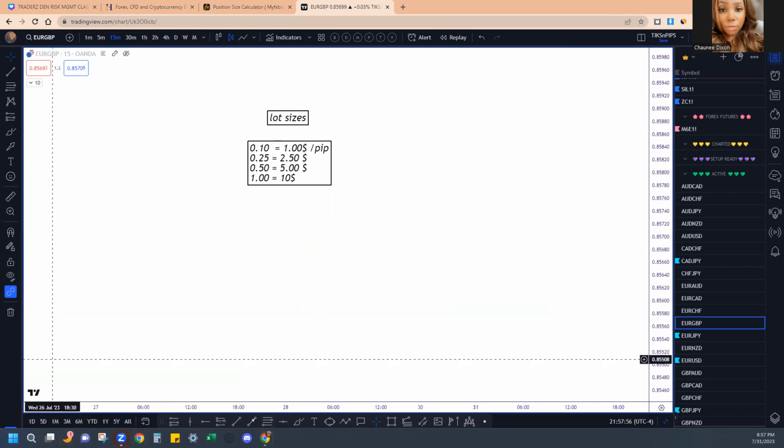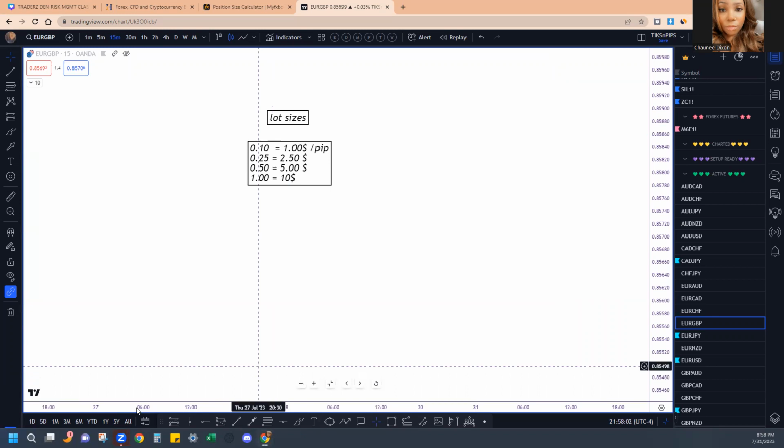Why is this? For some reason, my toolbar does not want to go down, so it's hiding all the little tools.